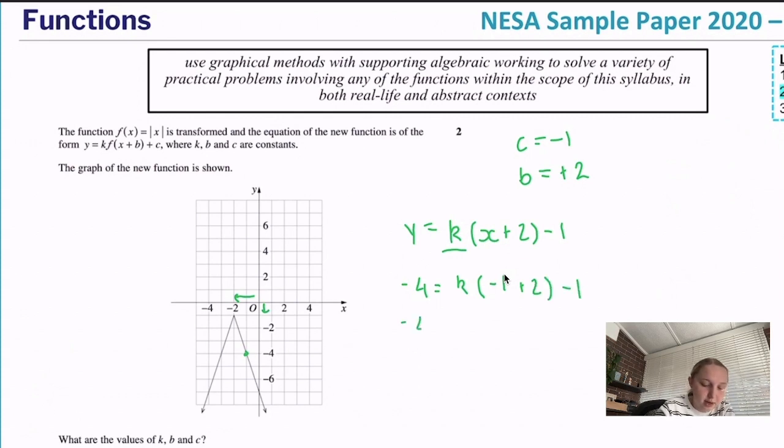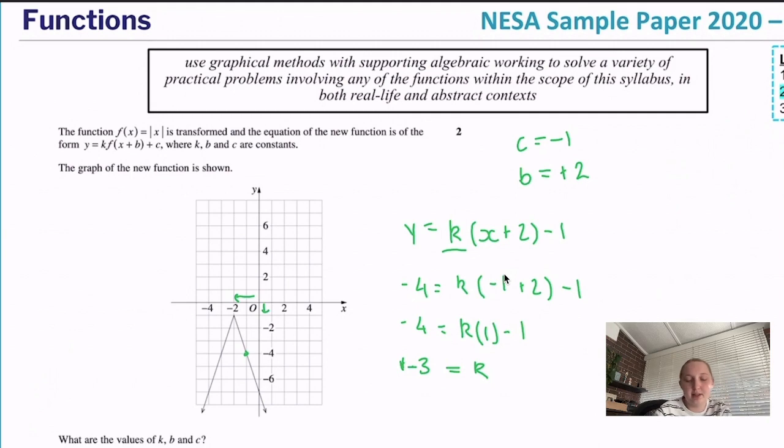So we've got -4 is equal to k times (-1 + 2 is 1), -1. Then if we add this one across, we get -3 equals k. So then we know that our k is -3.